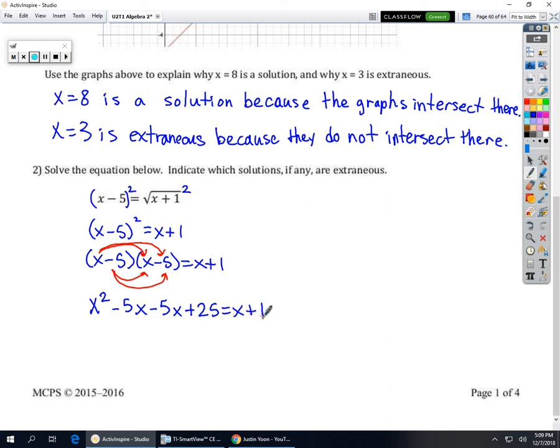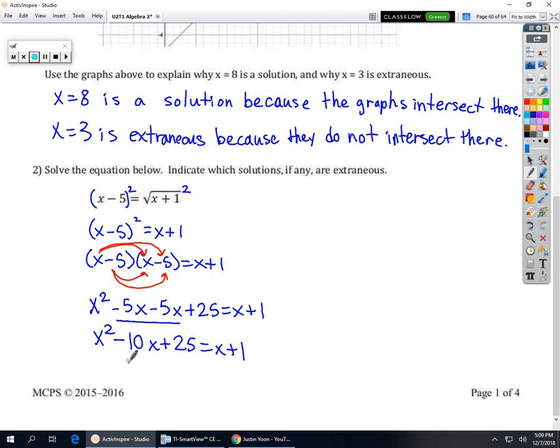Now we want to try and combine like terms just to make our equation easier. So x squared, these two 5s will become a negative 10x plus 25 equals x plus 1. Now to solve quadratics like this, which looks like a standard form here, we got to set everything equal to 0.